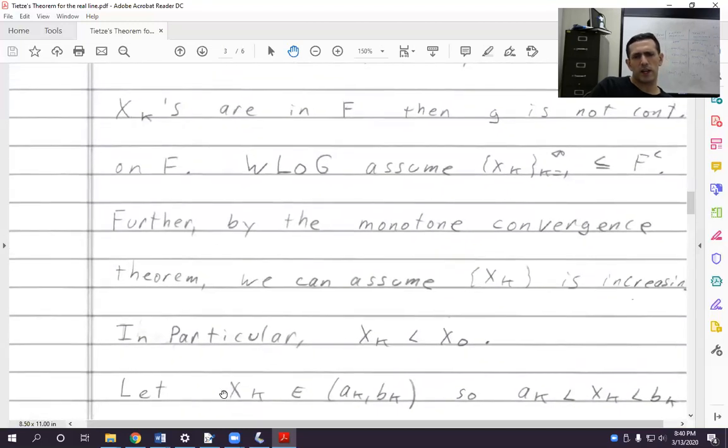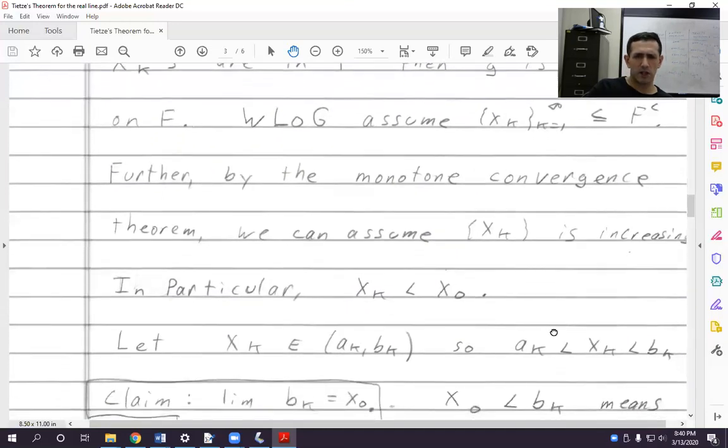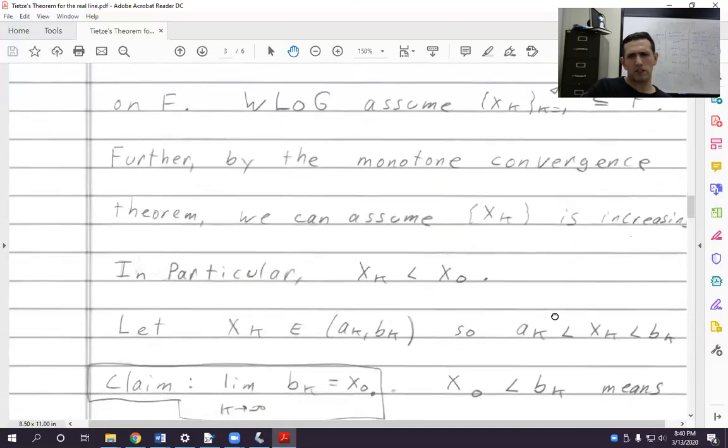Each of the xk's is in F complement, so pick an ak, bk where xk is in that open interval. So xk is strictly between ak and bk. I claim, and this is not so hard to prove, that the bk's converge to x0.